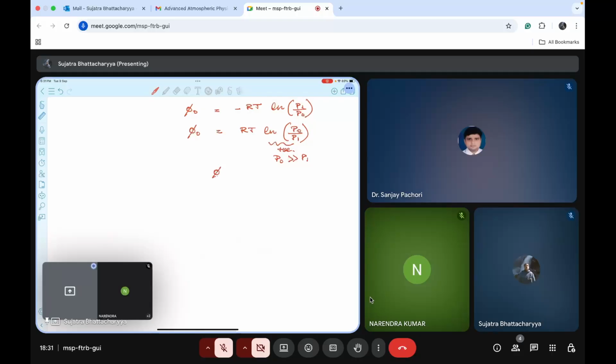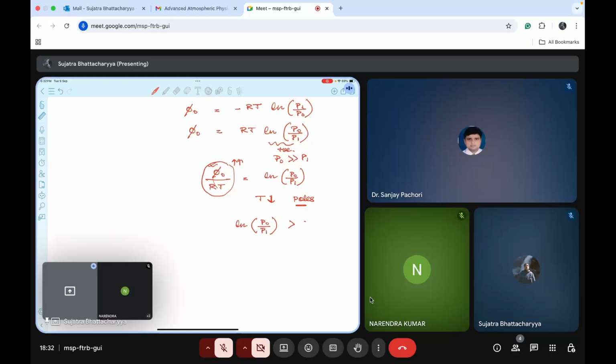On the other side, we have phi naught divided by RT is log of P naught by P1. Now let us say that phi naught is constant. If temperature decreases, which is towards the poles, this part keeps on increasing, right? Temperature is the denominator. That means log of P naught by P1 also keeps on increasing.